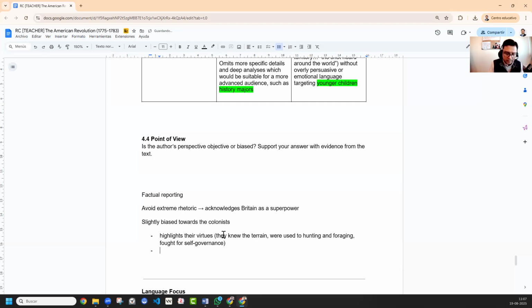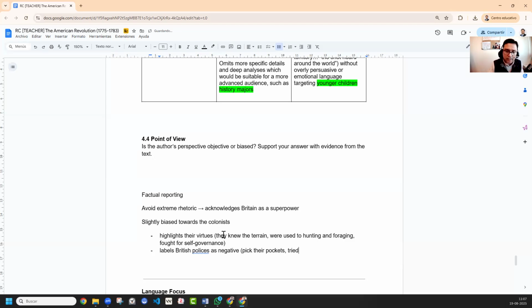Okay, he also labels British policies as negative. So in one part, he says, pick their pockets, remember, because of the increase in taxation.